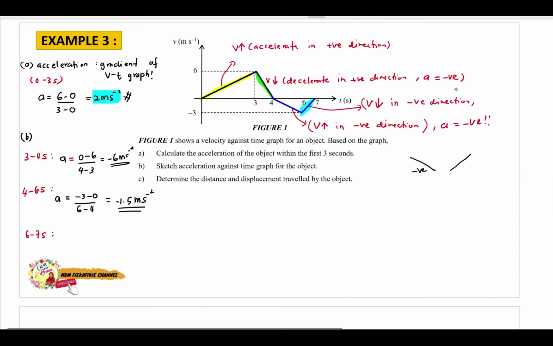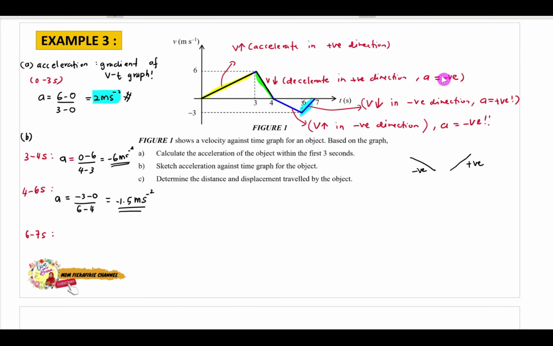Kalau dia macam ni, dia positif. So kalau saya nampak pattern of this graph, this is positive pattern. So, the acceleration kita kira nanti akan dapat nilai positif. Alright. So, even though V is decreasing, the object is decelerating, the value of acceleration yang kita kira akan dapat positif because the motion is in negative direction.